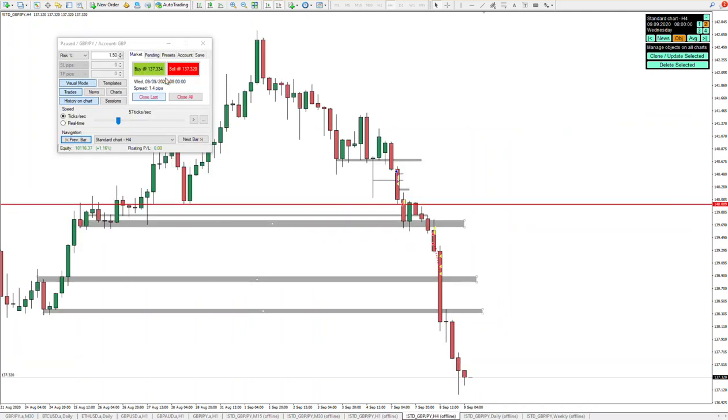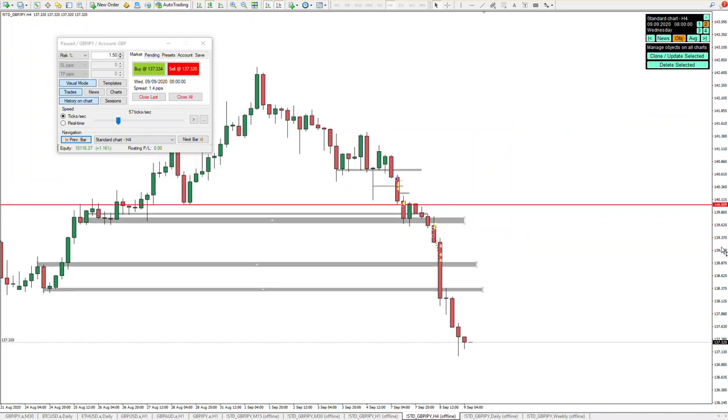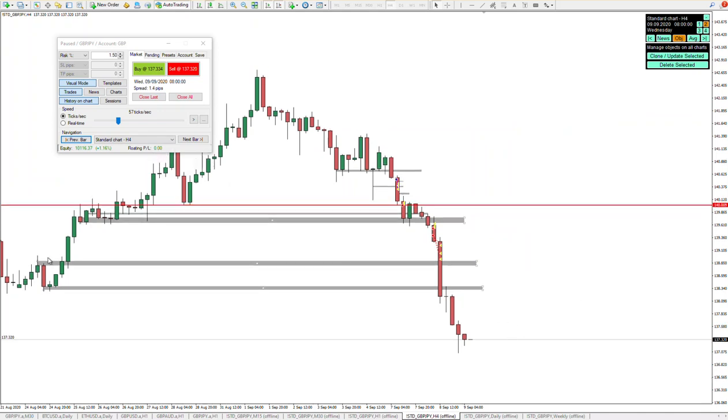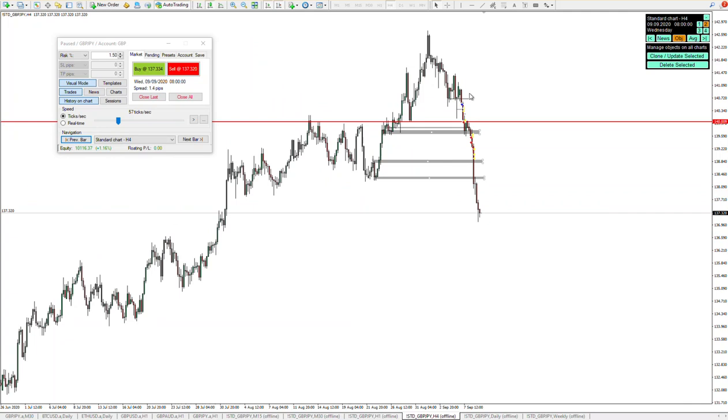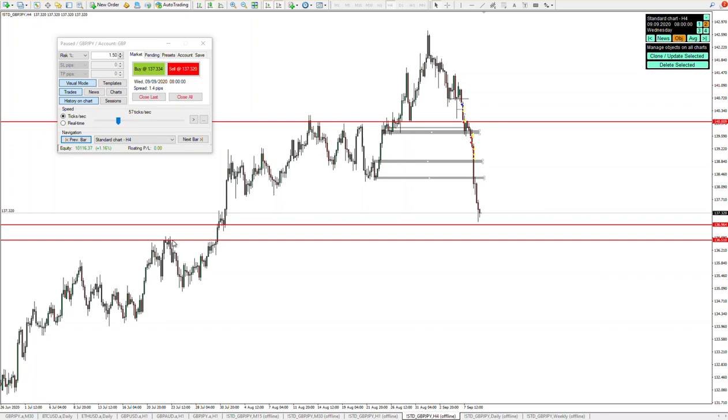Okay, Wednesday, 8 o'clock. All the supports crushed. Let's see what we have to the left. We got this H4 support. Below that we got like that.